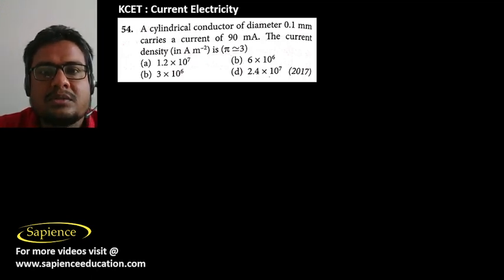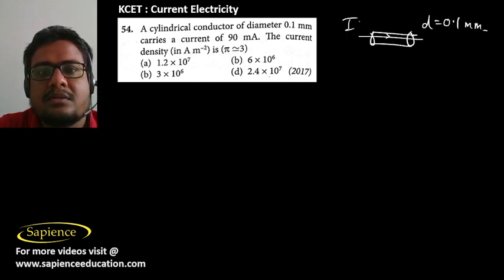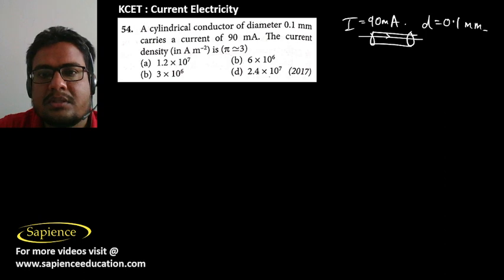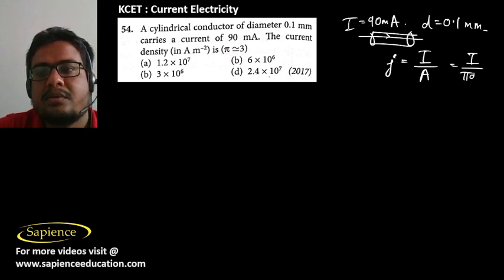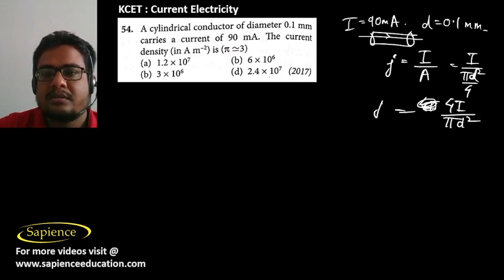Question number 54, it is told a cylindrical conductor of diameter 0.1 millimeter carries a current of 90 milliampere. The current density, which is J, is given as I by A, which is current per unit area of cross section. That is I by pi d square by 4, I by pi r square. So this will be 4I by pi d square. This is the current density J. And pi value we have to take approximately as 3.